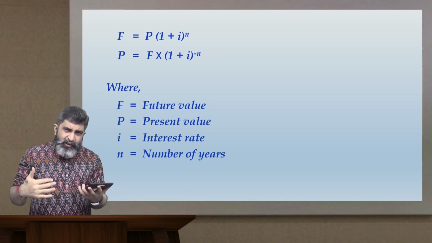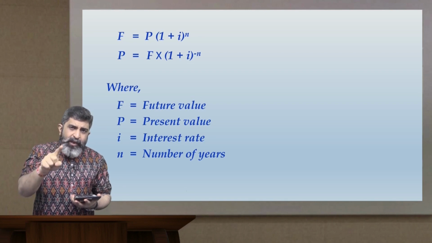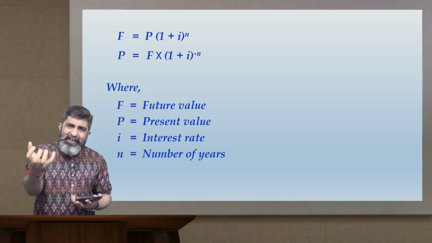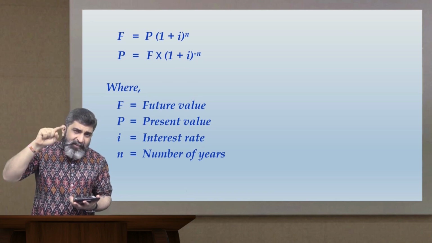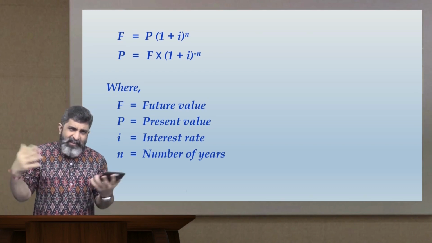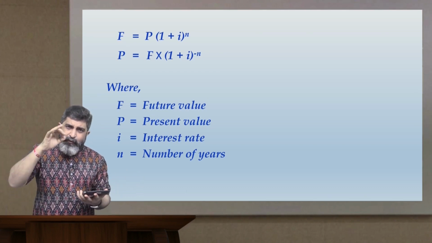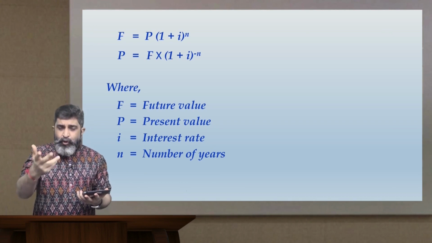So let me put this example a little differently. If you are going to receive rupees 13,31,000 after 3 years with a 10% rate of interest, what will be its present value? Basically, we know the answer, that the present value will be rupees 10 lakhs. But how to compute the same?